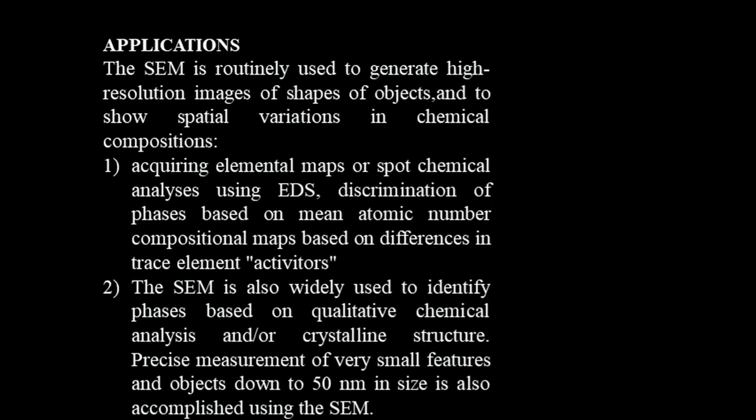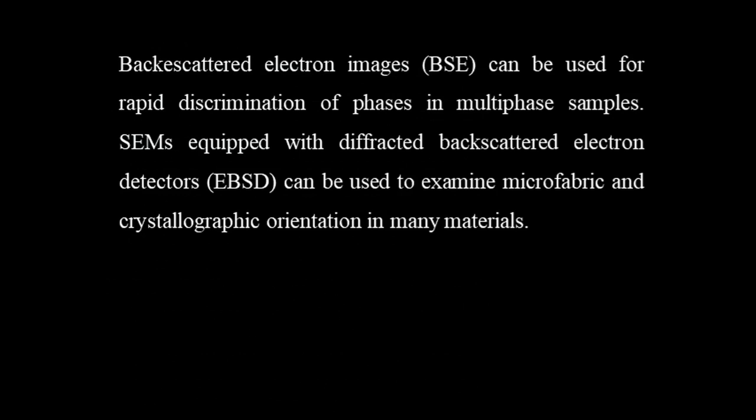Second, the SEM is also widely used to identify phases based on qualitative chemical analysis or crystalline structure. Precise measurement of very small features and objects down to 50 nanometer size is also accomplished using the scanning electron microscope instrument.